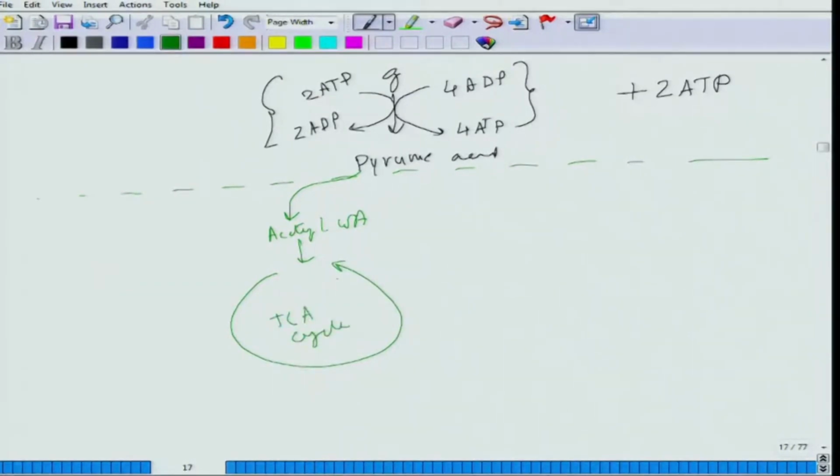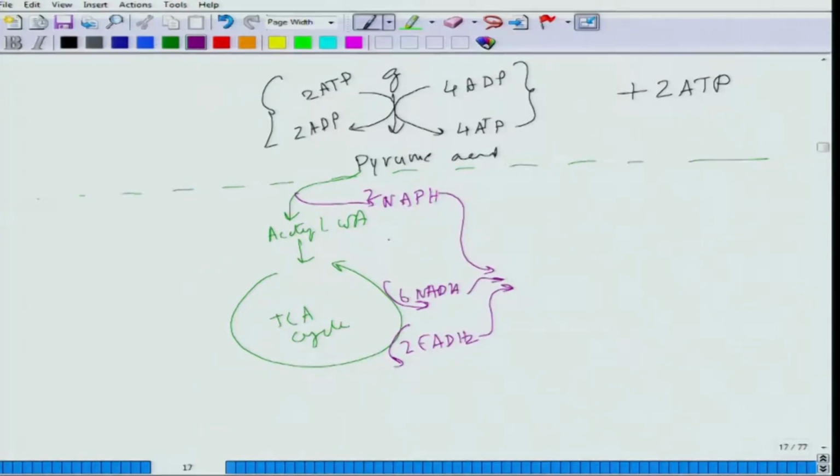And during that process, from pyruvic acid to acetyl coenzyme A, it is forming NADH. These NADH go through the electron transport chain. So, there are 2 NADH here, and there are 6 NADH, and there are 2 FADH2, which are all the outcome of the tricarboxylic acid cycle.